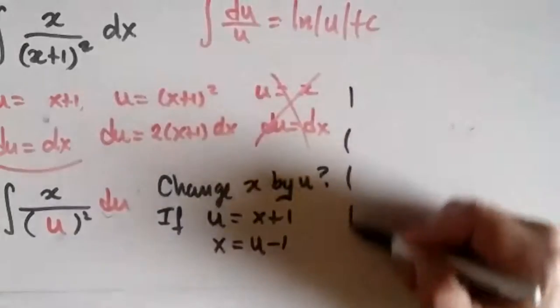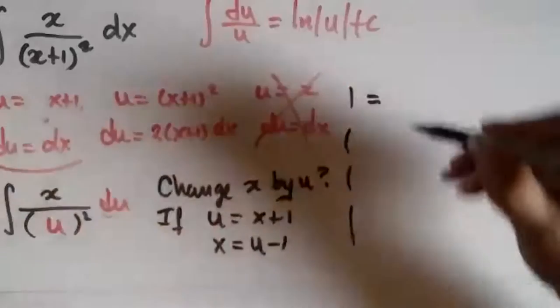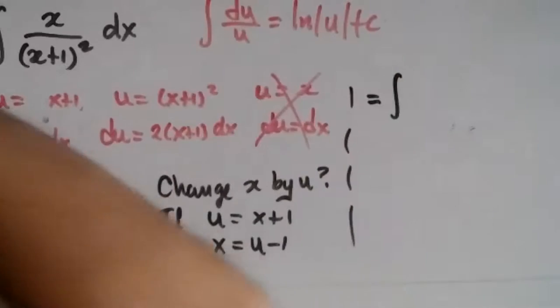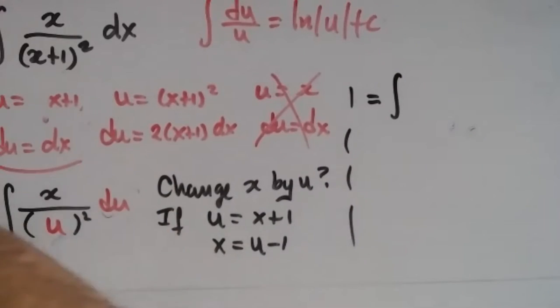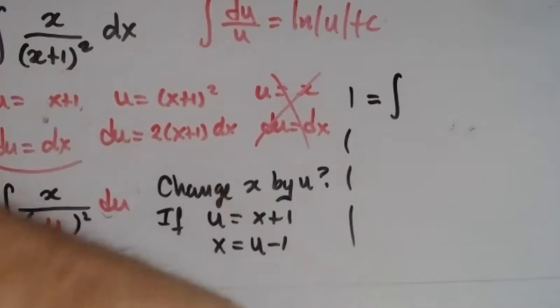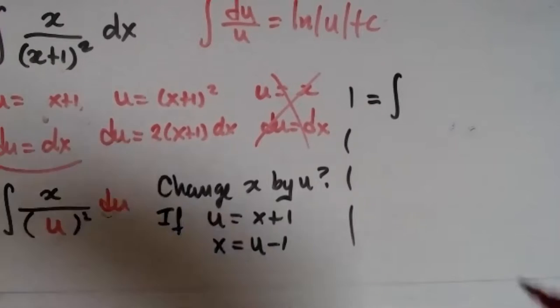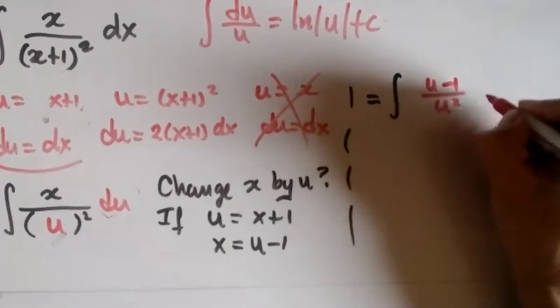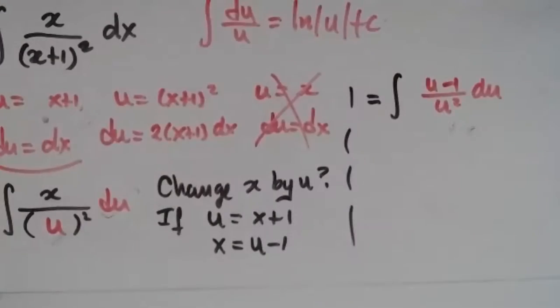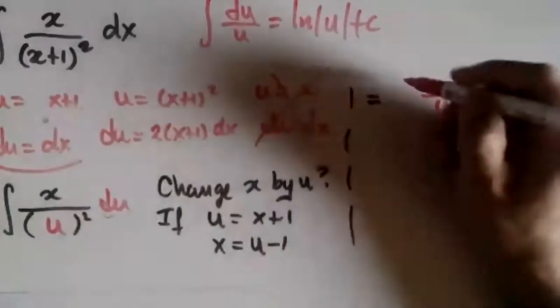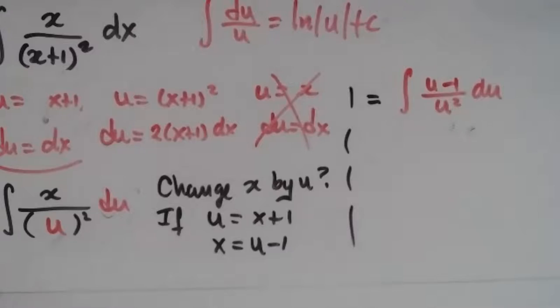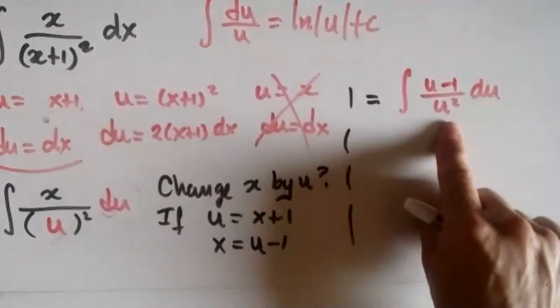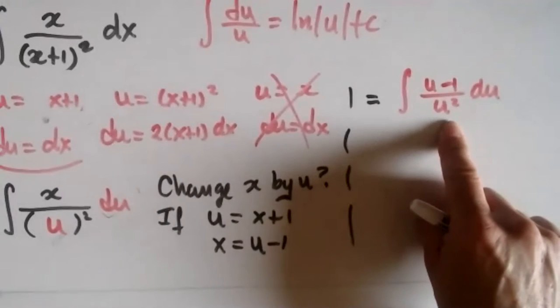So this integral is equal to the integral of (u minus 1) over u squared du, correct? Now this is exactly like the ones we solved before.